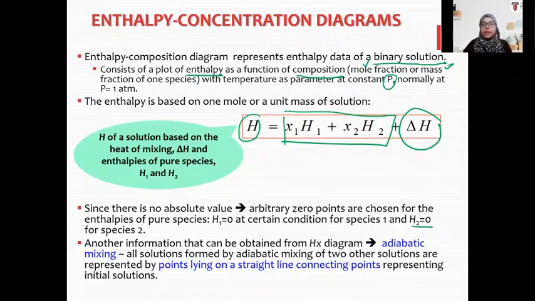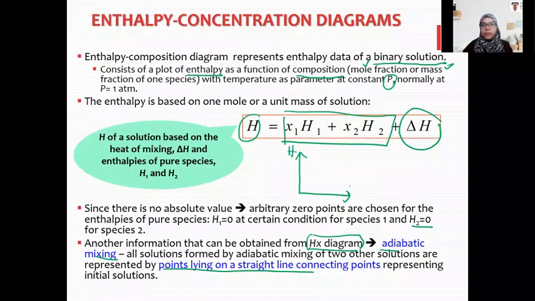Another piece of information that we can obtain from this diagram of enthalpy versus composition is the adiabatic mixing. All the solutions formed by the adiabatic mixing of two other solutions are represented by points lying on a straight line. So for example, maybe I can show you later.